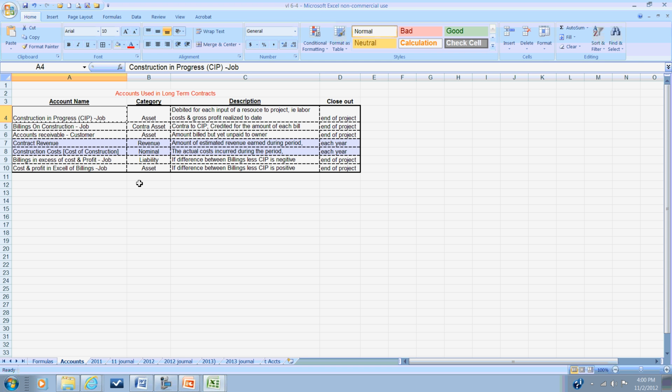Every time we have a cost for, say, labor, materials, subcontracting, as we incur those costs, we will increase this construction in progress as opposed to increasing an expense. So as we incur the cost, we increase the asset account.